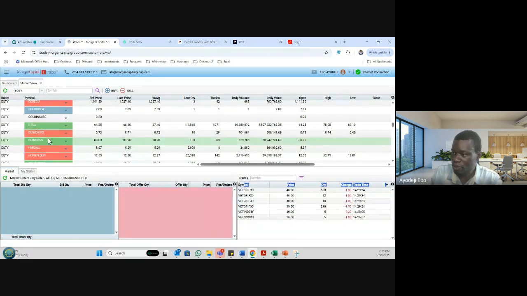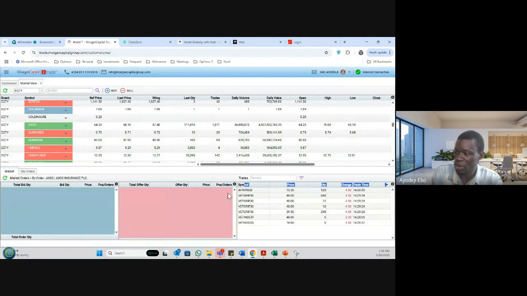So please, when you look at the prices, yes, we put a suggested entry price. Sometimes the market may get to that level and sometimes it may not. So you first of all take a bit of time before you invest. You can see the market has closed. These are all the activities on GT Bank and others happening in the market.